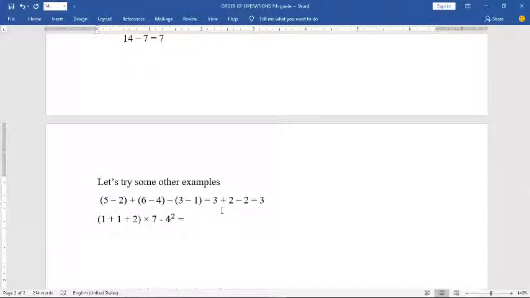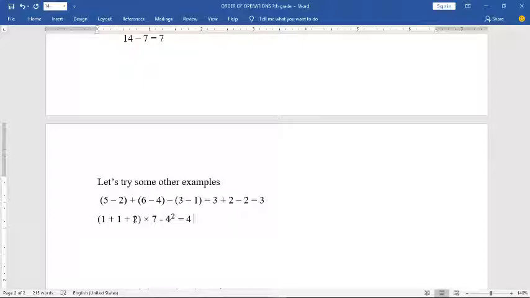Let's go for this one. Remember PEMDAS. Never forget about PEMDAS, because PEMDAS helps us solve a long string of operations. P stands for parentheses. Remember, 1 plus 1 is 2. 2 plus 2 is 4. I write 4 here.